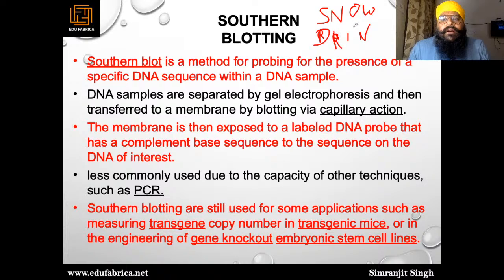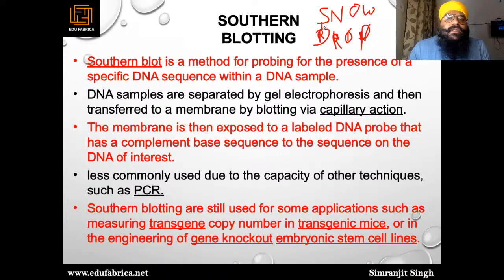D R, snowdrop. So S for Southern, N for Northern, W for Western. And D corresponds to DNA, R corresponds to RNA, and P corresponds to protein. So Southern blotting is basically done to check the DNA, Northern blotting is done to check your RNA, and Western blotting is done to check your protein mainly.